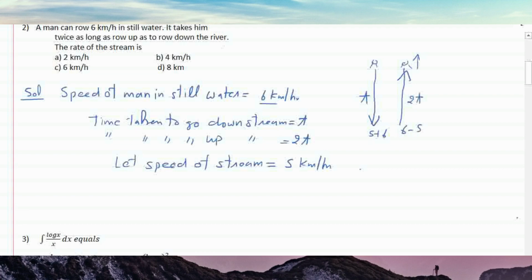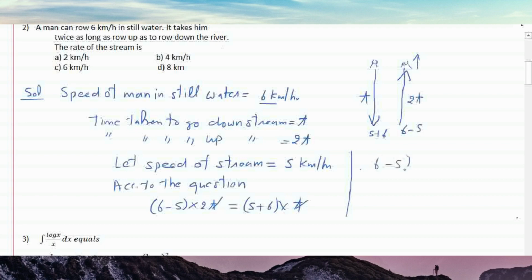So according to the question, what can we do here, children? Could you tell me that this is (6 minus s) into 2t, which should be equal to (s plus 6) into t, right? Now if you cancel this t with this t, you get (6 minus s) into 2 is equal to s plus 6.